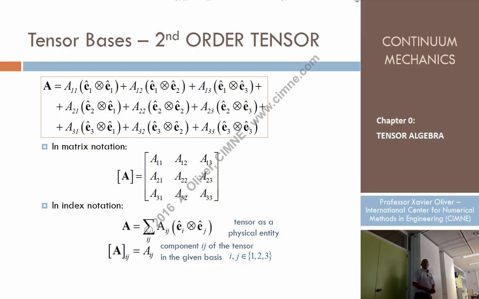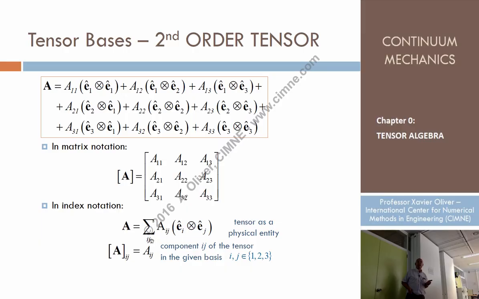But if I know the basis and the components, I know the tensor. That is the matrix notation for that tensor. Keep in mind that this changes as we change the basis.